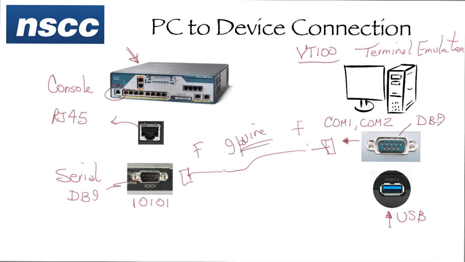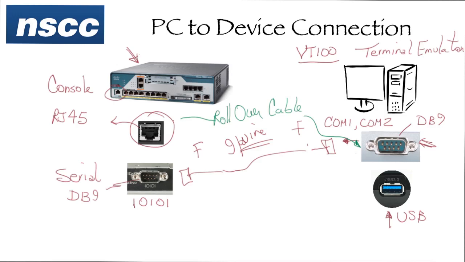If we have this type of serial connector on our PC, but we have an RJ45, then we need to use a rollover cable. And you can purchase those from the same companies that manufacture the network device.